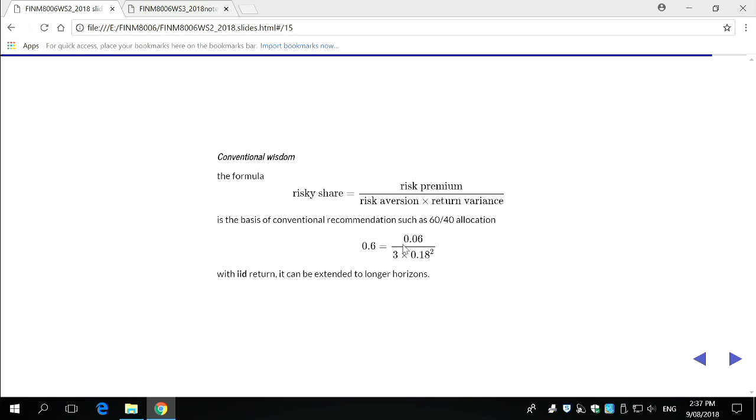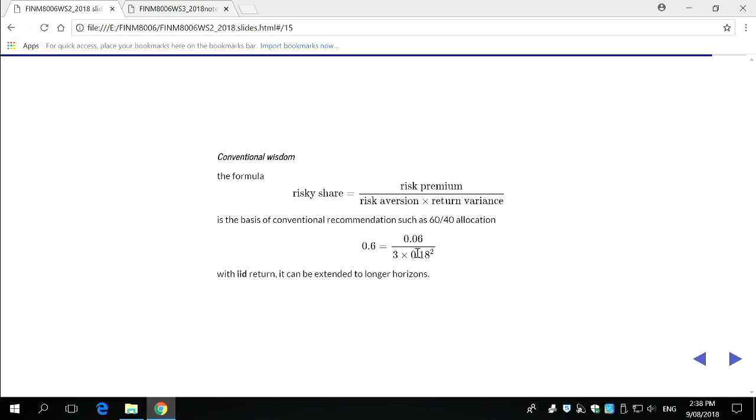The risk premium, as we talked about, in the US is about 6%, right? A typical risk aversion is like 2 to 3. Let's assume it's 3. The annual return standard deviation of the S&P 500 is about 0.18, so the variance is 0.18 square. Right? So if you calculate this, it gives you some answer as 60%. That's where it comes from.